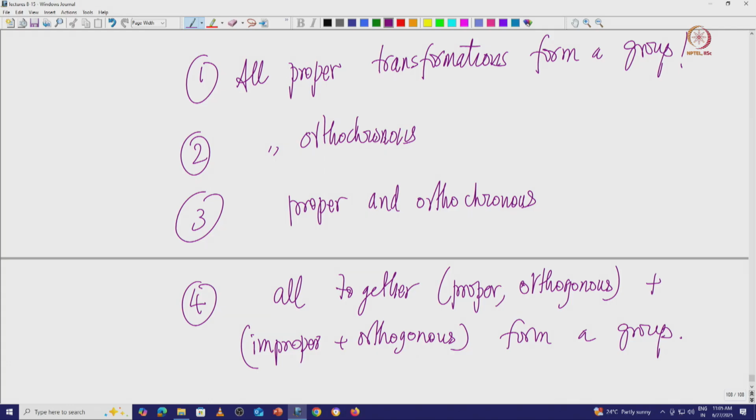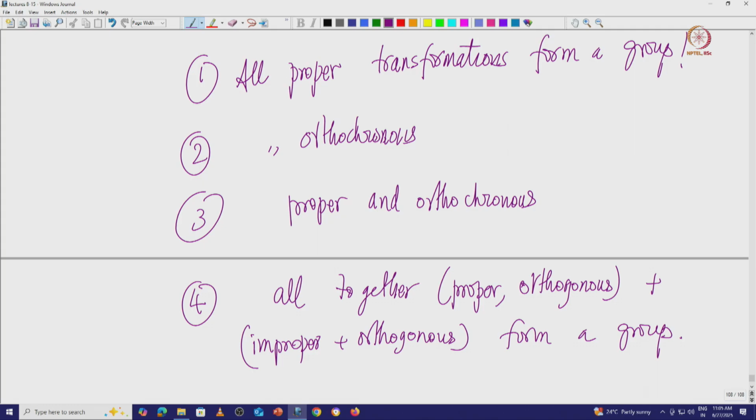So this tells you that you can have subgroups of the Lorentz group which form a group of their own essentially.